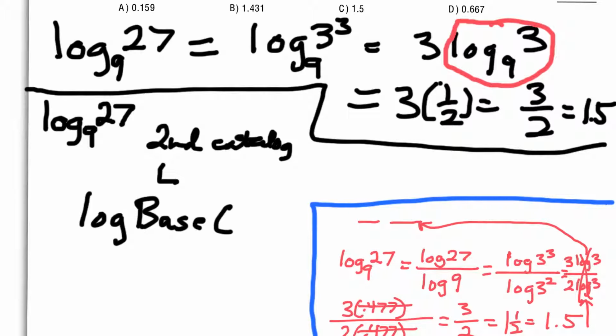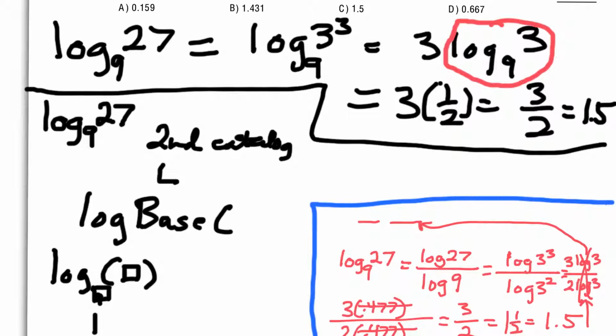Okay, so now if you push enter when you see that, what you're going to get is this. You're going to get log, and you're going to get a blinking cursor right here, and then you're going to get this. And you put 9 into the blinking cursor, that gives you 9 in here.